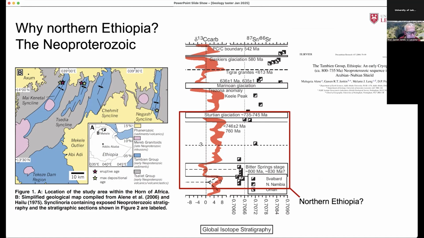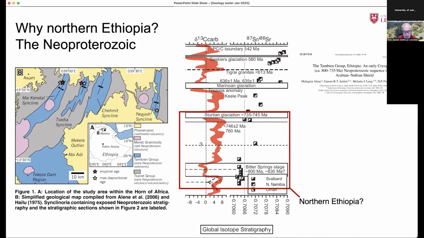And how did we know that we're looking at Neoproterozoic rocks? Well, there are a few dates that were available, but also we work out where we are in the stratigraphy by looking at carbon isotopes in carbonate rocks. And there's lots of carbonate rocks here, fortuitously.